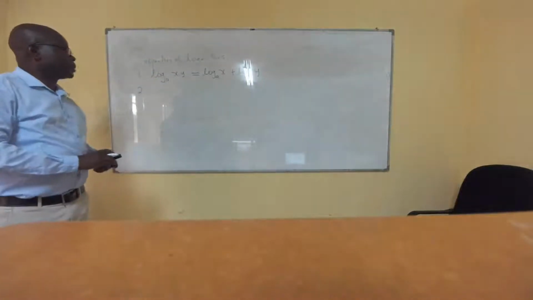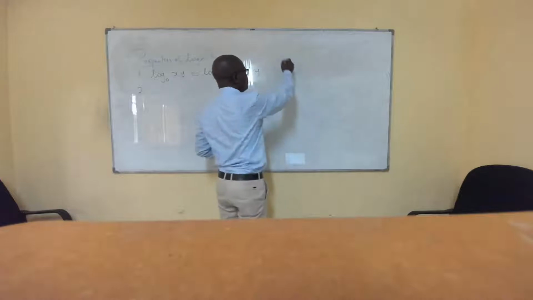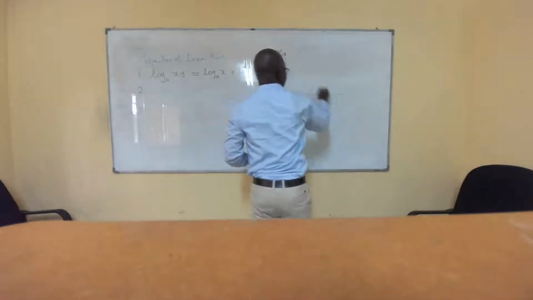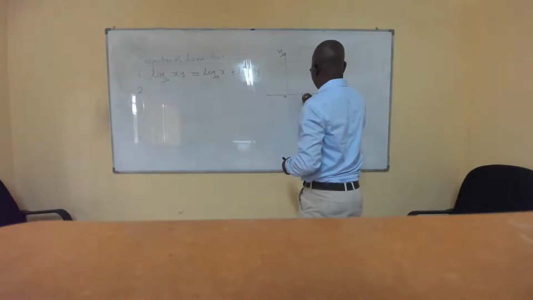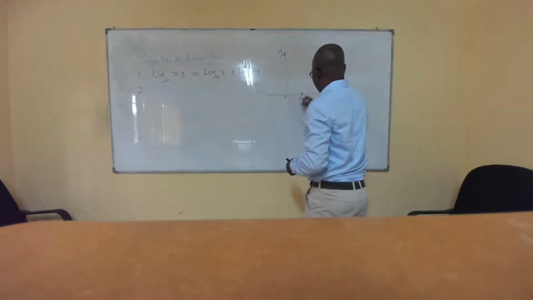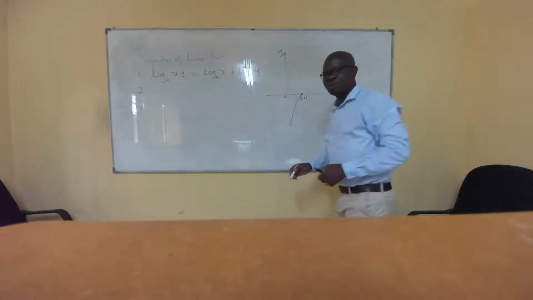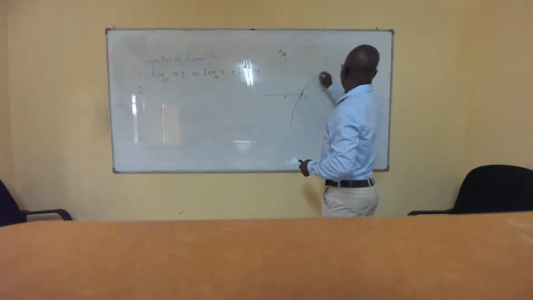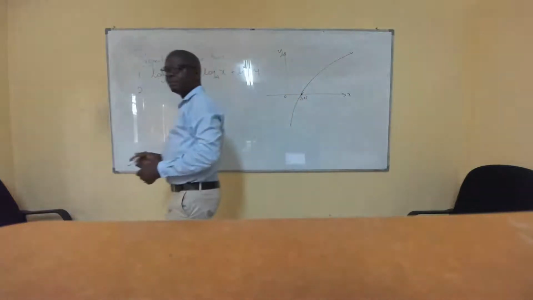for positive real numbers, because if you recall, this is what we drew. This is y, this is x. So we said it will pass through (1, 0). So this side acts as the vertical asymptote, and the graph goes like that.